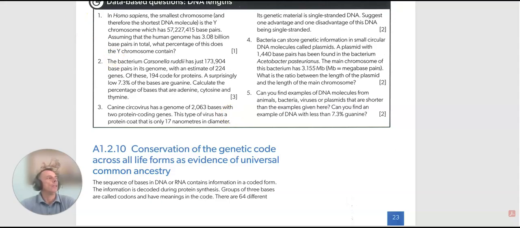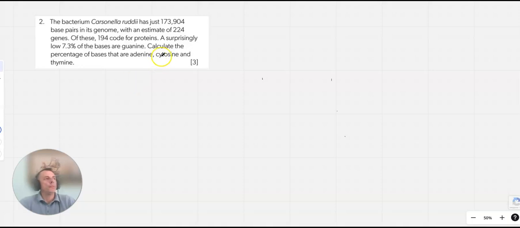The second question is the following. The bacterium Carsonella ruddii. Let's bring this to the whiteboard. In this question, you've got lots of information provided for this bacterium species, like the number of base pairs in its genome, the number of genes in each genome, and how many of these genes code for proteins.